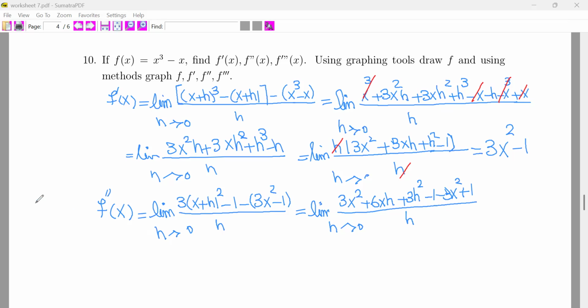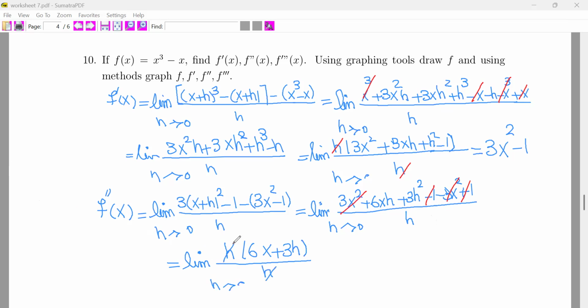We would see that we can cancel 3x squared, we can cancel 1 and negative 1, and we would end up with the limit. For the remaining terms here, we can factor out h, and we would have 6x plus 3h over h when h is approaching 0.